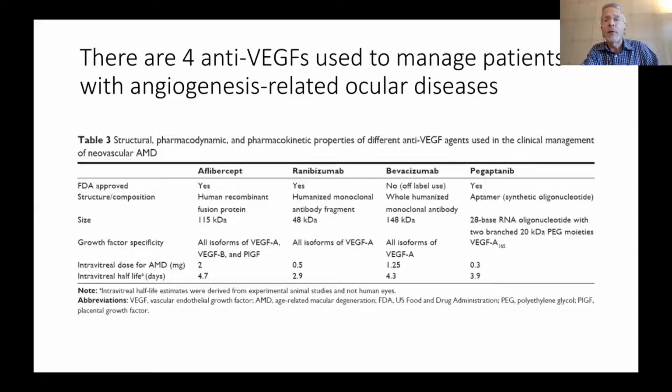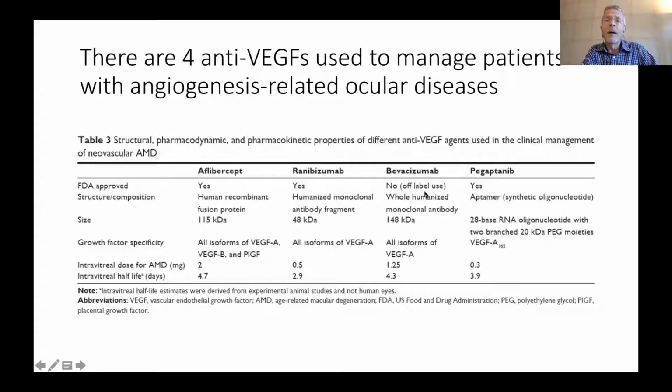They attack the VEGF in different ways. This one was developed first. It's an aptamer, a synthetic oligonucleotide, which is selected for its ability to recognize one of the forms of VEGF-A.